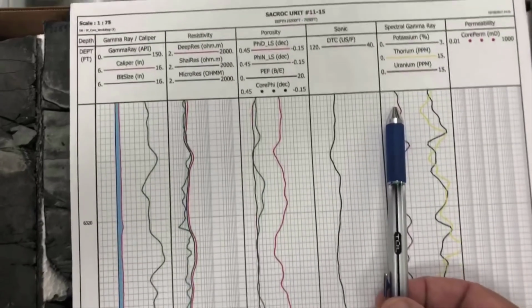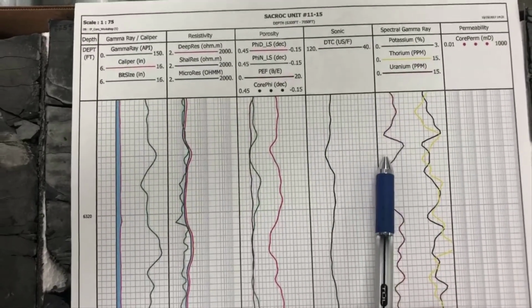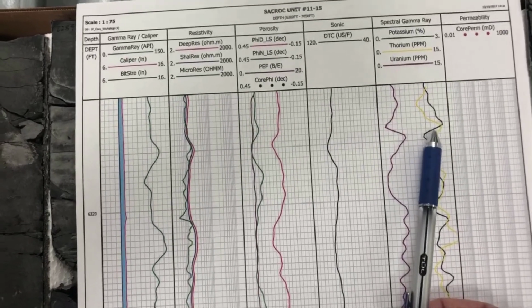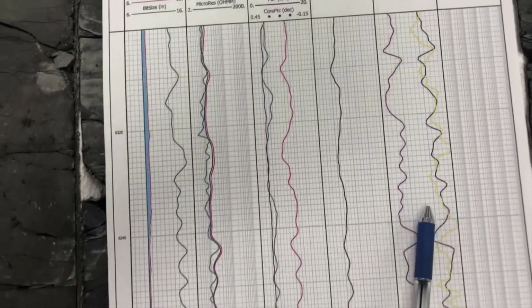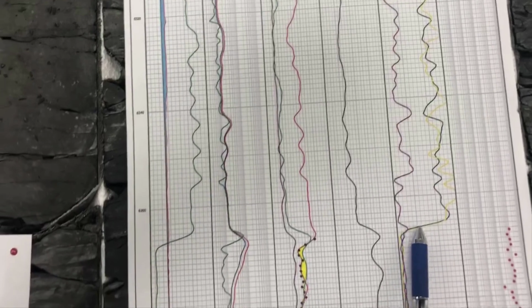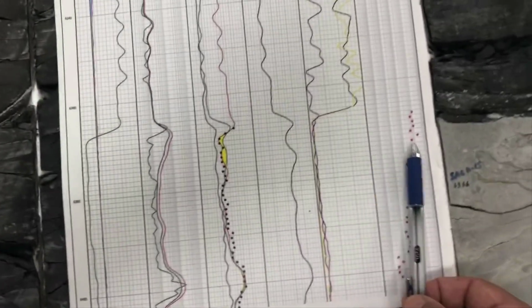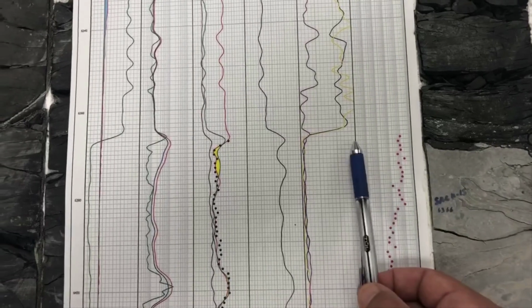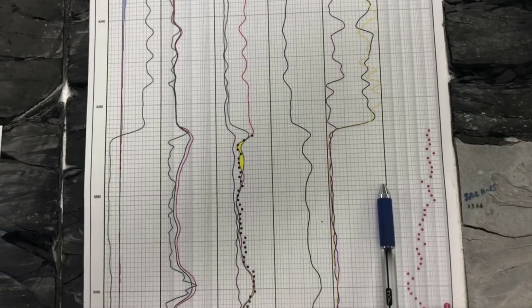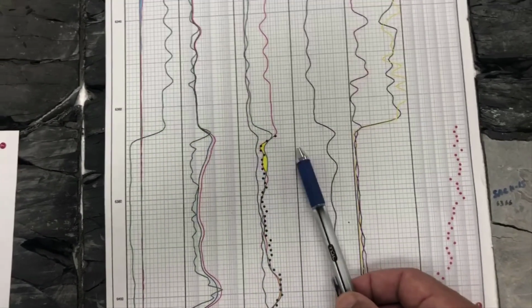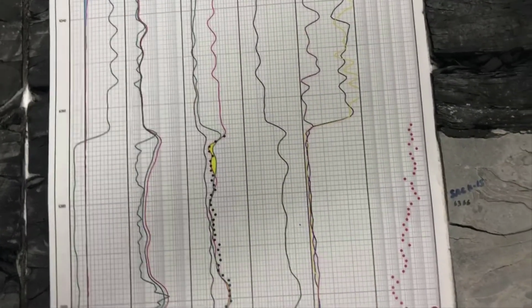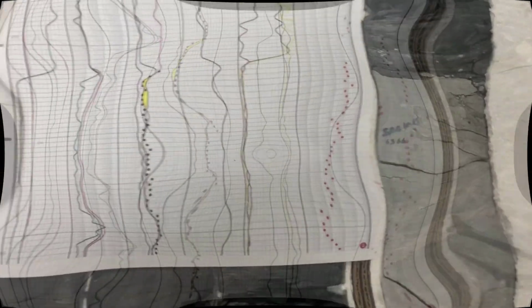The spectral gamma ray logs is the uranium is the proper one, and then we have potassium and thorium, potassium in black, thorium in yellow. So we're moving down here. And then this is where we see the drastic change on the boundary right here. It's an important point, and porosities begin to be sampled along this segment of the rock.